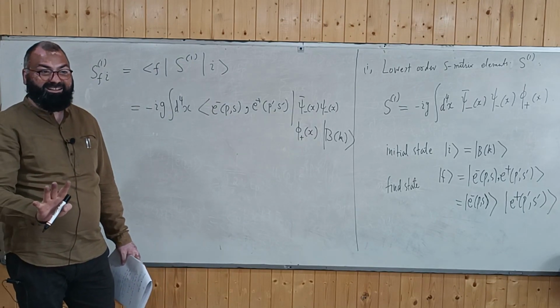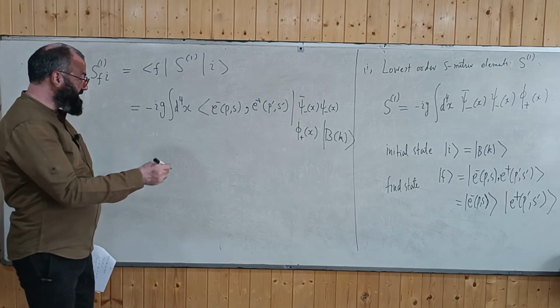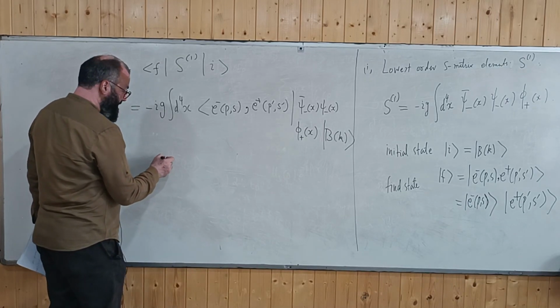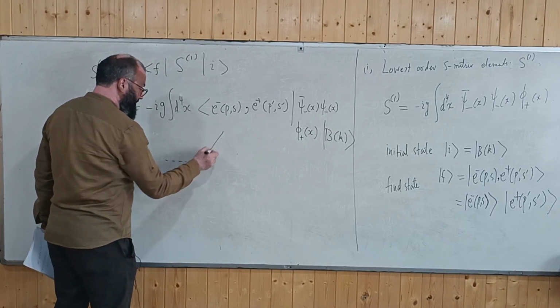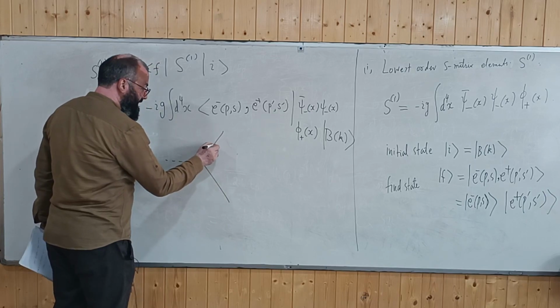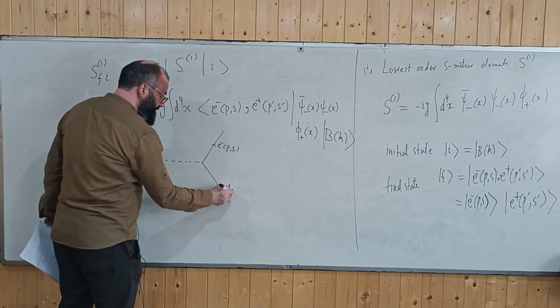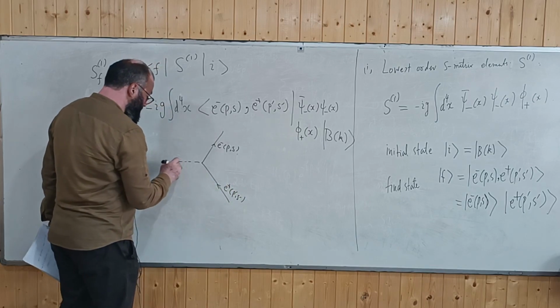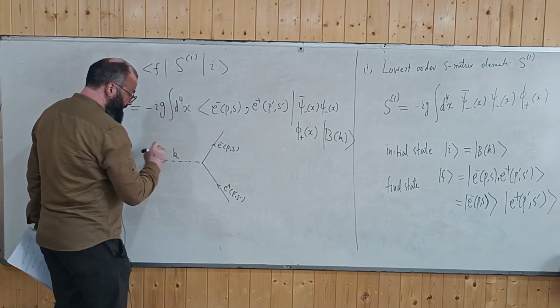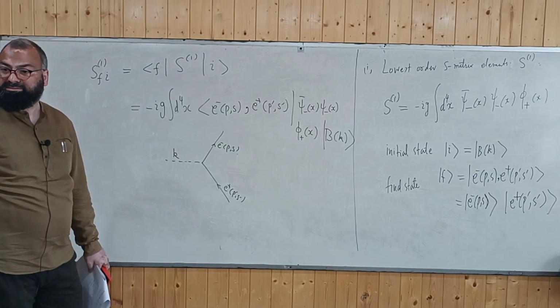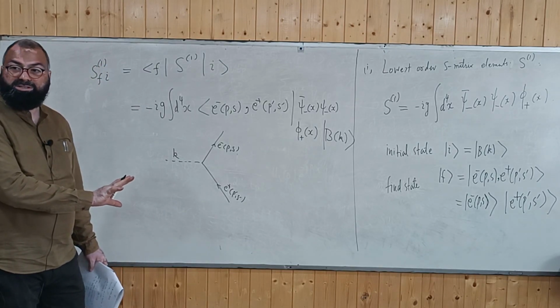Clear? So what was the diagram corresponding to this? This was the diagram for this kind of process. You have an electron like this, and then a positron, and K for the boson. Is this the process we are considering?